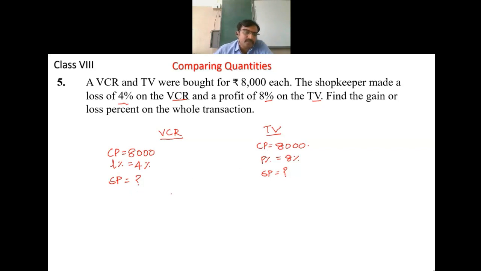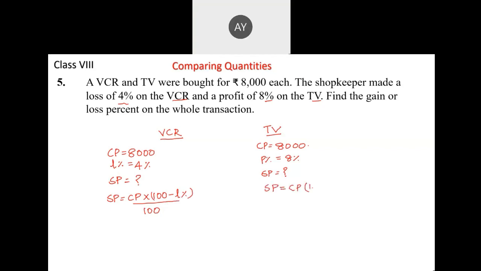Then we can think whether there is a loss or profit. Now we shall find SP. The formula is CP into 100 minus loss percent divided by 100, remember here there is a loss. In this case, SP is CP into 100 plus profit percent divided by 100.